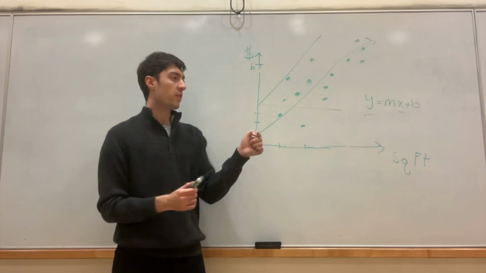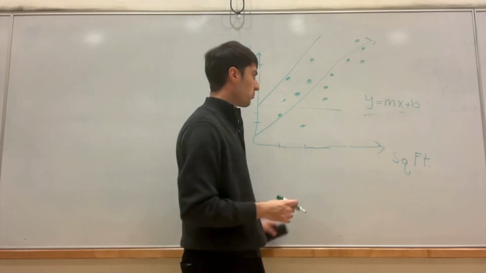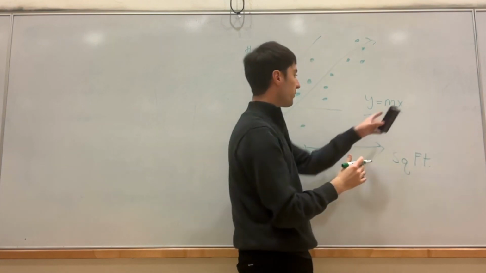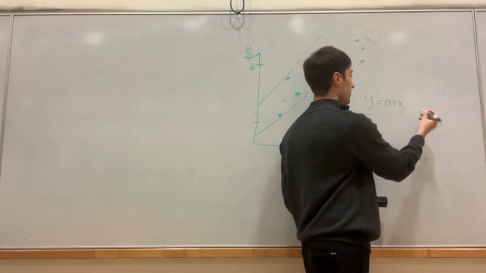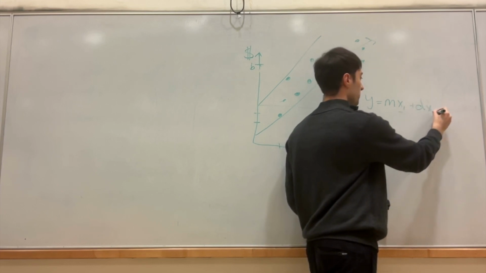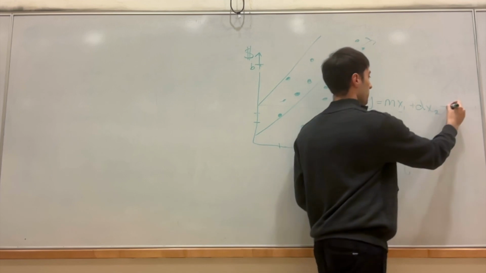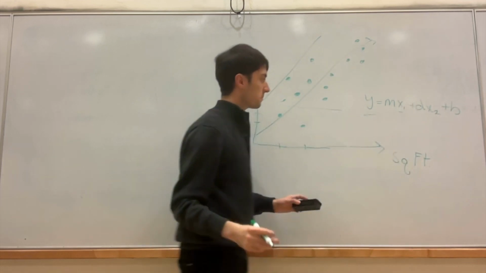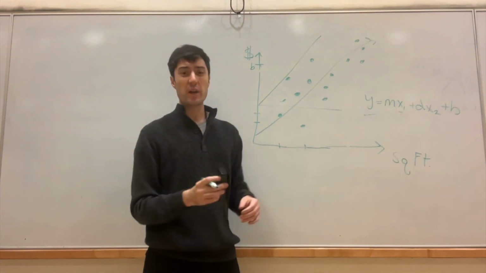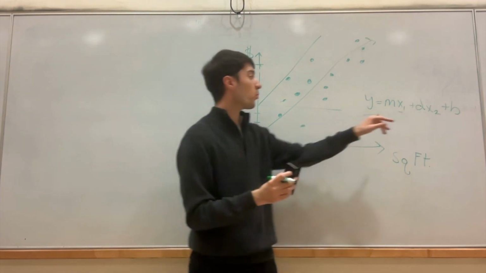So we would have another axis, and what would our linear equation look like? Well, we would have m x1 plus d x2 plus b. Okay, so m and d are just different weightings, right?